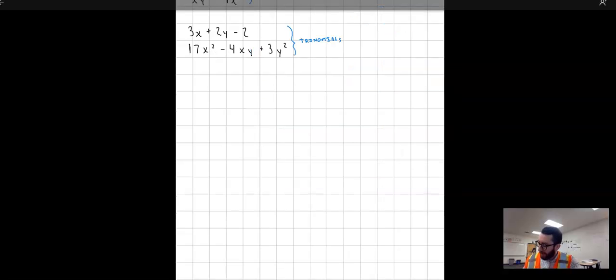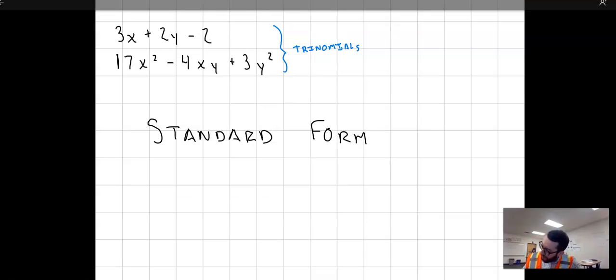The other two things, real quickly, are this idea of standard form, and I'm going to show you something called a leading coefficient. So standard form has two rules, right? With variables, they go alphabetical. That means in the order of the alphabet, right?